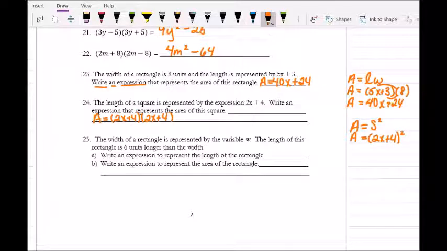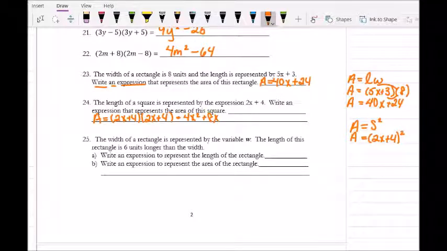And since those are two binomials, we can do FOIL. And they're not different signs. They are the same signs, so we're not going to just do the first and last like we did a little bit higher. We're going to actually do the whole FOIL. So first would be 4x squared. Then outer 2x times 4 is 8x.